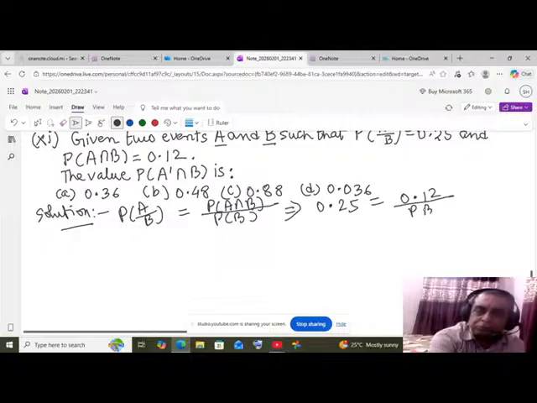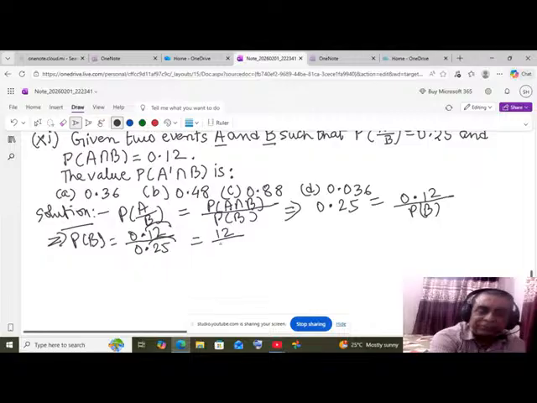We don't know the probability of B. So the probability of B will be 0.12 upon 0.25. Move the decimal point two places to the right in the numerator and denominator.